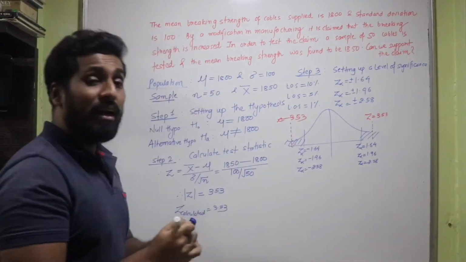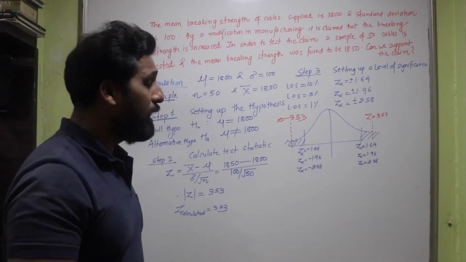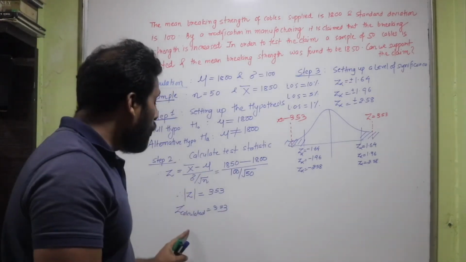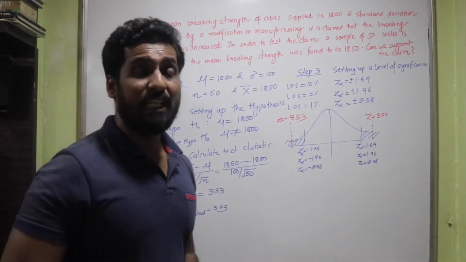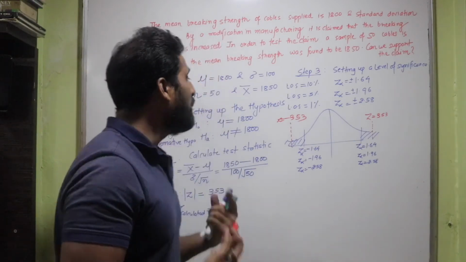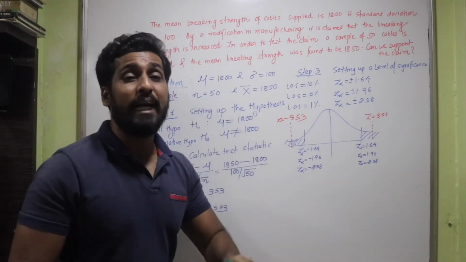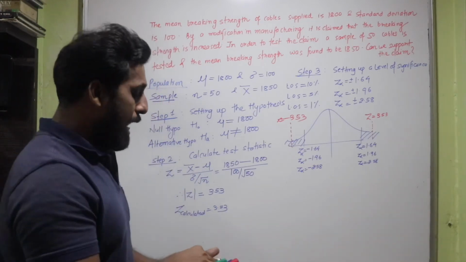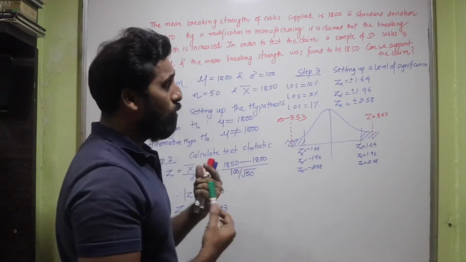So whatever level of confidence you take, 1% or 5% or 10%, every time the calculated value will lie in the region of rejection, the area of rejection. That means every time the null hypothesis is going to get rejected. So the setting up of the level of significance is done.